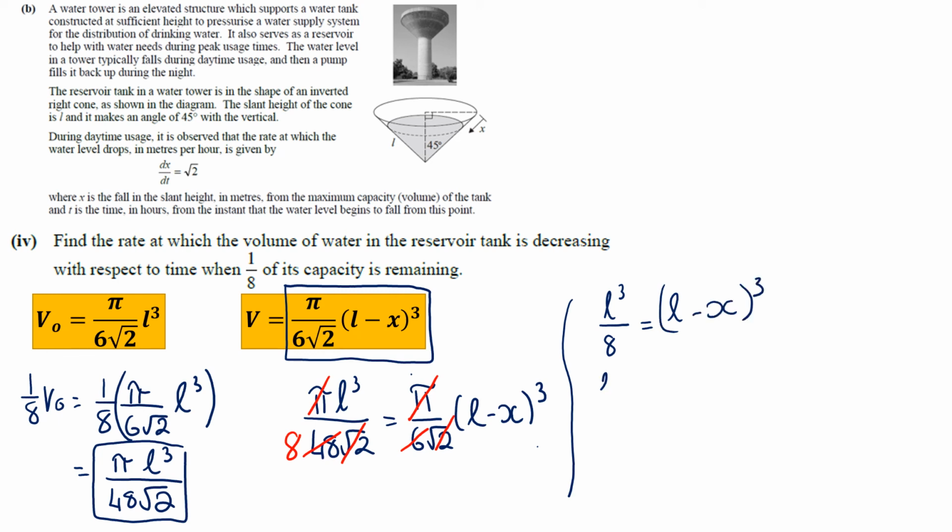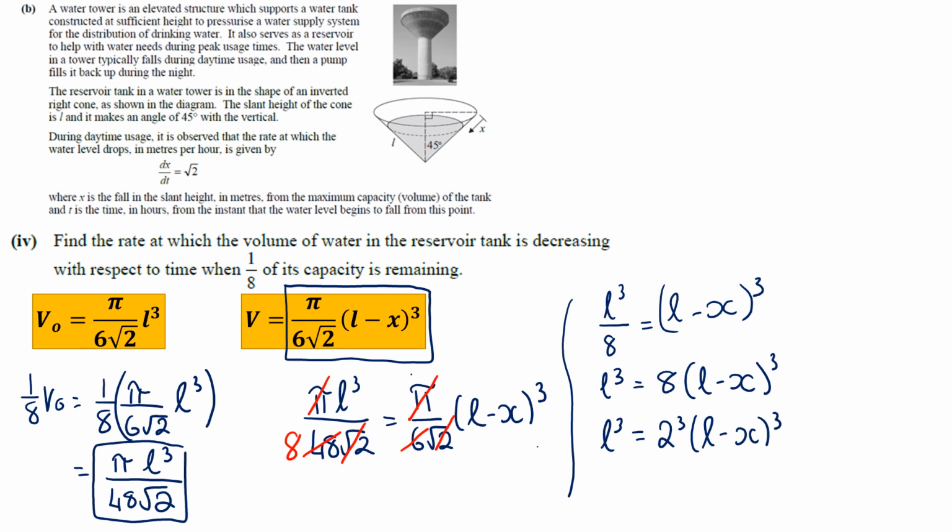So I'm going to break this fraction up by multiplying both sides by 8. And we have something that looks very complicated. However, 8 is also a cubed number, so I could write this as 2 cubed, and then I have (L minus x) cubed.